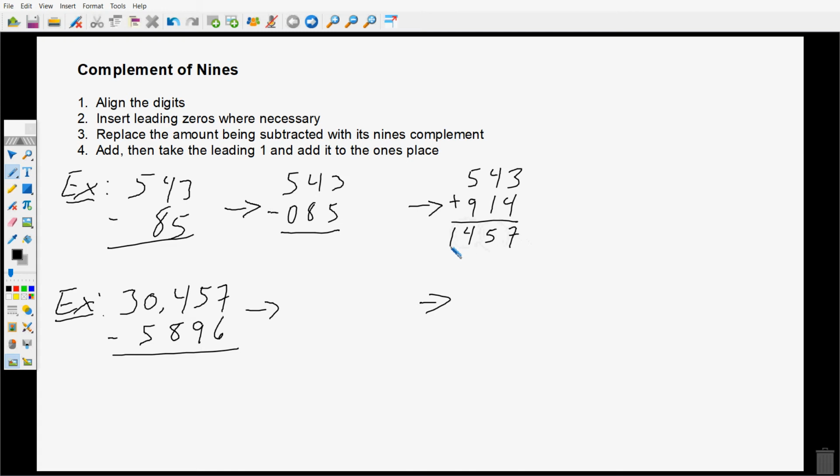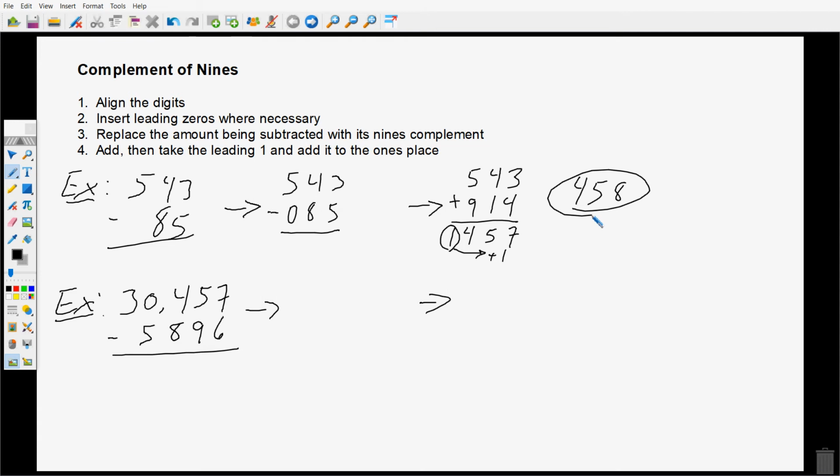That's called a leading one, and what you're going to do with this one is you're going to add it to the ones place, which will give you 458. Now that is actually the answer of 543 minus 85. This is a neat little trick to do subtraction.